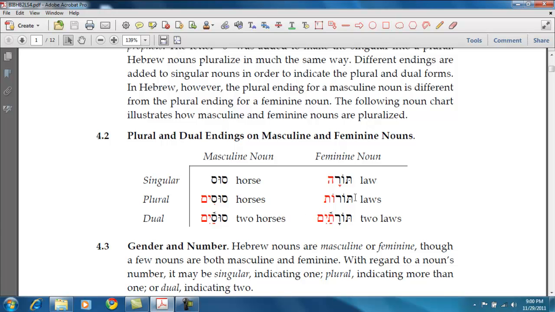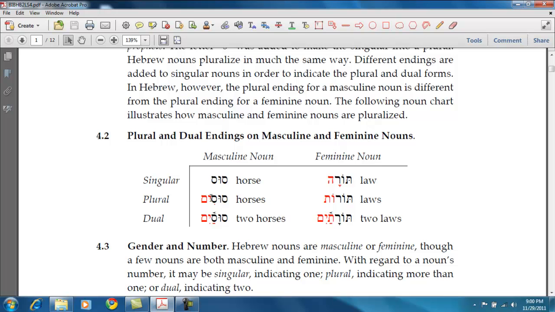Likewise, in the feminine nouns, you'll notice that we're using feminine endings highlighted in red, the qamets hey. Masculine nouns are endingless nouns normally, and they don't have an ending to tell you what gender they are. That tends to be the case in masculine.